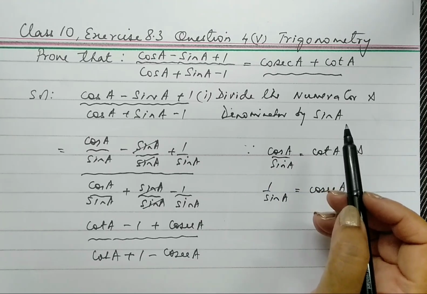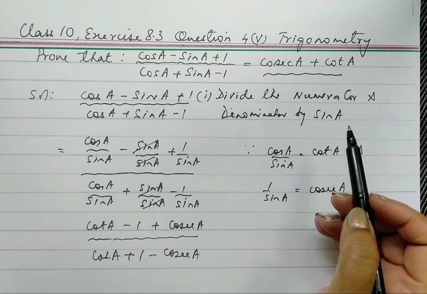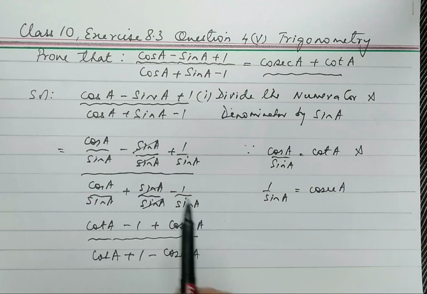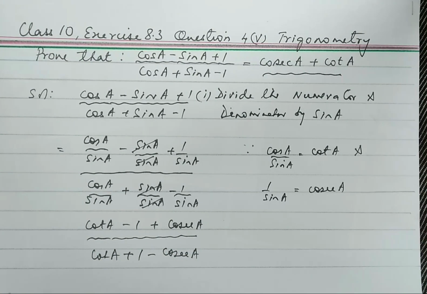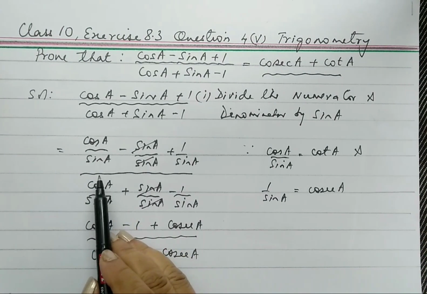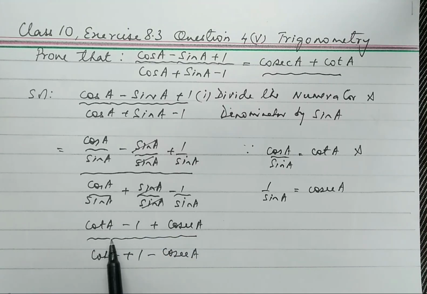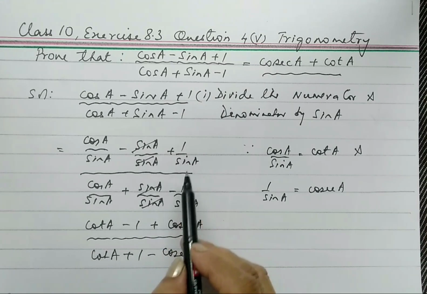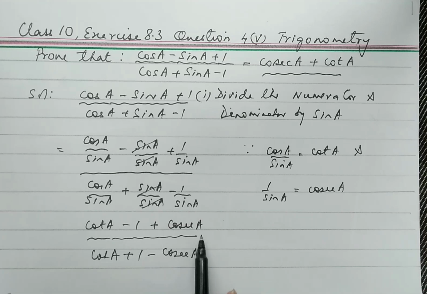Next thing that you have to keep in mind is that you have to convert cos A upon sin A as cot A, and 1 by sin A as cosec A. Having done this, we'll shift this -1 on the edge.